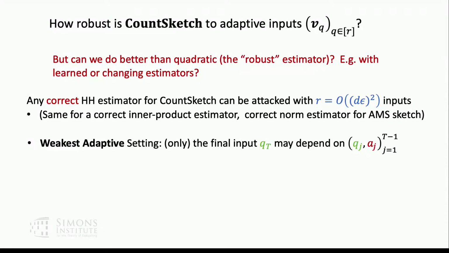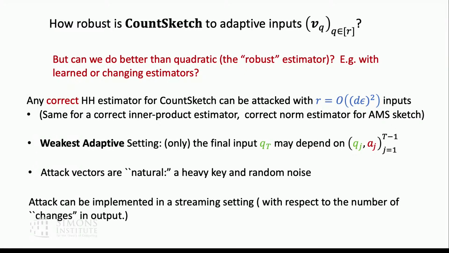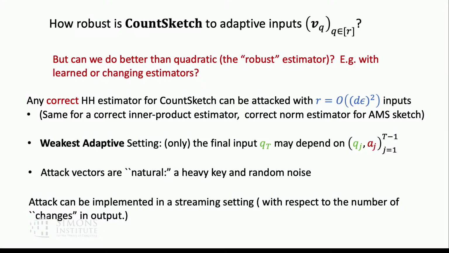It's still this weakest adaptive setting, where the queries are completely independent and issued together, and the only thing in the end is the adversarial input. The attacked vectors are also very natural: one heavy hitter, and the rest is random noise. And it can also be implemented in a streaming setting.